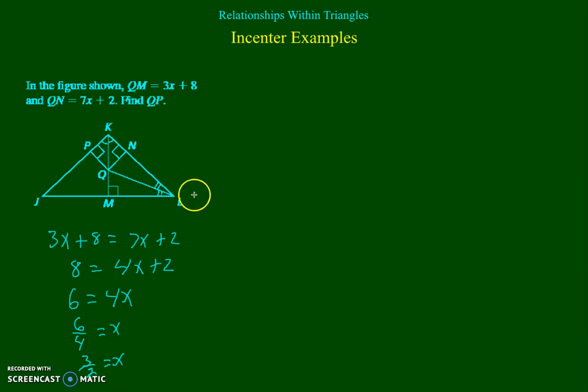Let's take that value and put it in here, and we'll have 3 times 3/2 plus 8. That's going to give us QM, which is going to be the same as this. So that's 9/2 plus 16/2, which is 25/2, which is the same as 12.5.